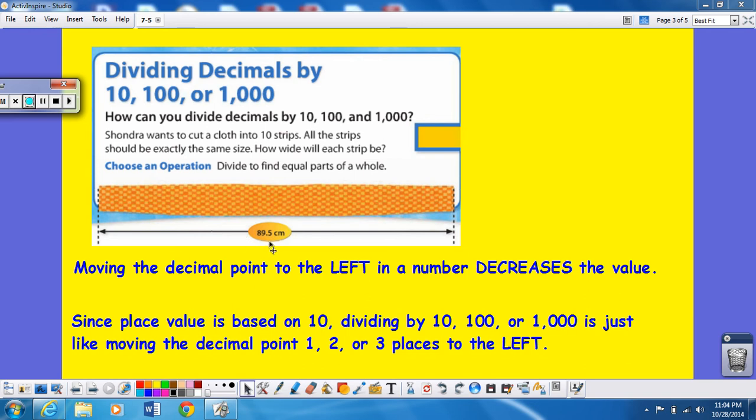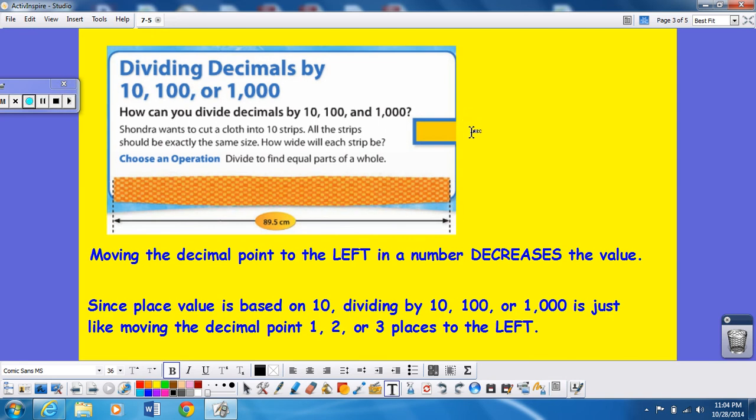If you notice right here, we want to first think about the information we know. It tells us that the strip itself is 89 and 5/10 centimeters long. We also know that we are to divide, and I'm going to use this for my division sign. We're going to divide that into 10 parts, okay?